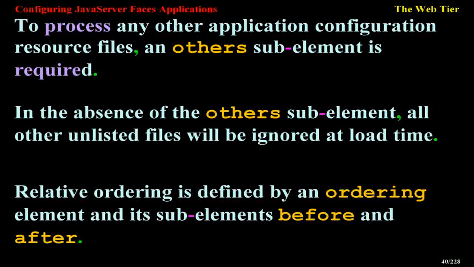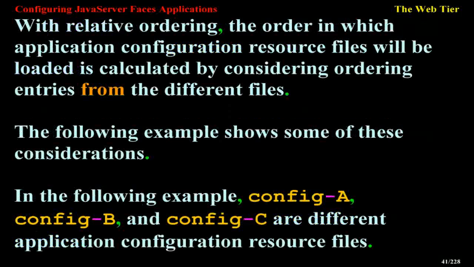Relative ordering is defined by an ordering element and its sub-elements before and after. With relative ordering, the order in which application configuration resource files will be loaded is calculated by considering ordering entries from the different files. In the following example, configA, configB, and configC are different application configuration resource files.